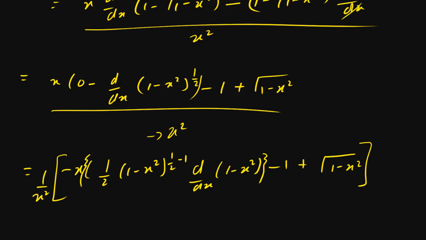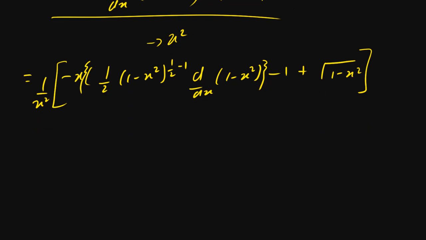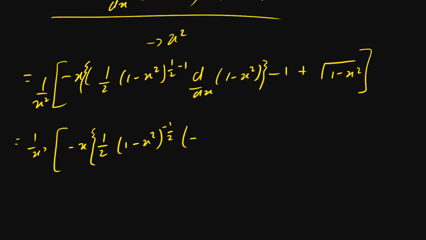Okay, now again we are just going to write 1 over x square, and we have minus x, and we have 1 over 2, and that will be 1 over 2, and we have (1 minus x square) to the power minus 1 over 2, and when you differentiate 1, that will be 0, and we have again minus, and we differentiate that x square, and it will come like 2x, and minus 1 plus 1 minus x square.